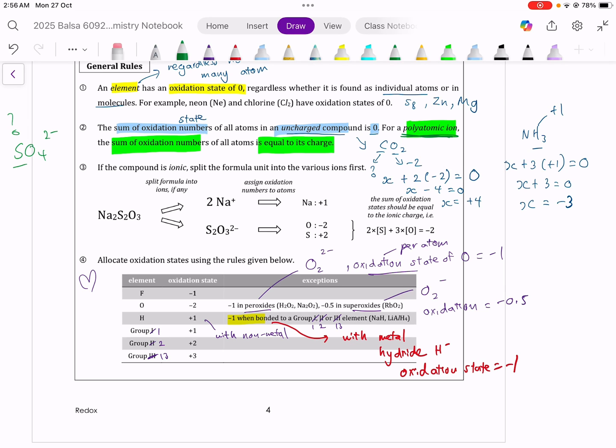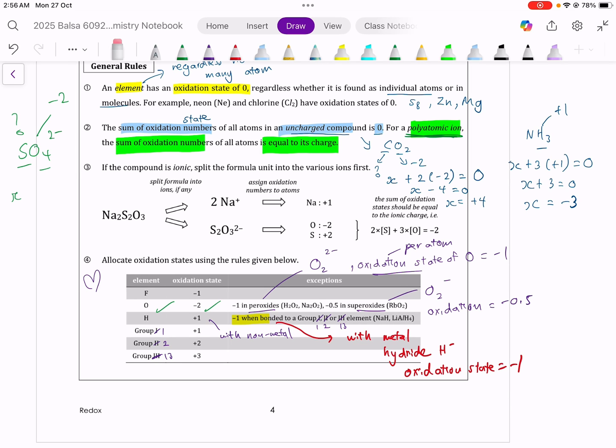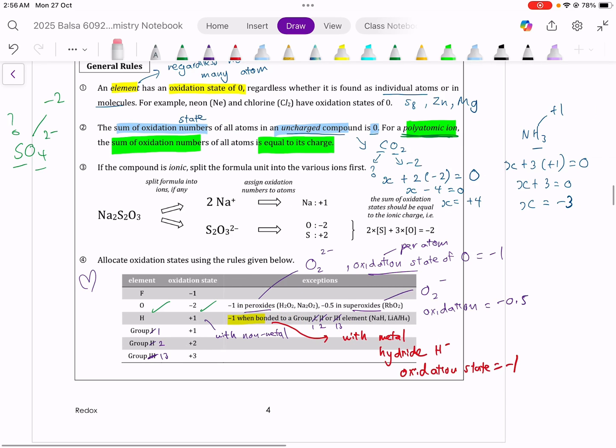But you know for the oxygen, based on this, it is -2. So you have X plus 4 oxygen, each one -2. Then the overall charge is -2.